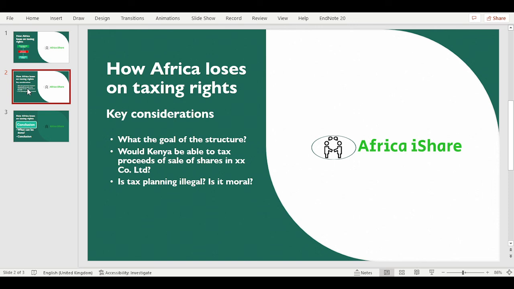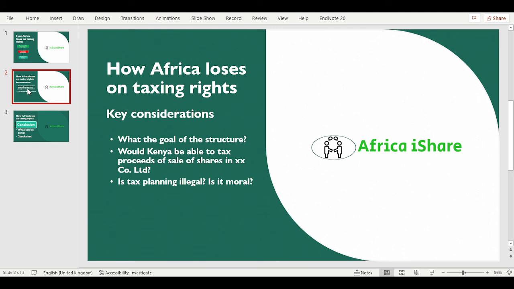So there must be substance in why there's a company in the tax haven and why the transaction is happening in Europe and not in Kenya. When the general anti-avoidance rules are invoked, you ignore the entire structure and say that we will treat it as though the structure doesn't exist, but that this is a Kenyan transaction happening on Kenyan soil, and therefore we will tax it.